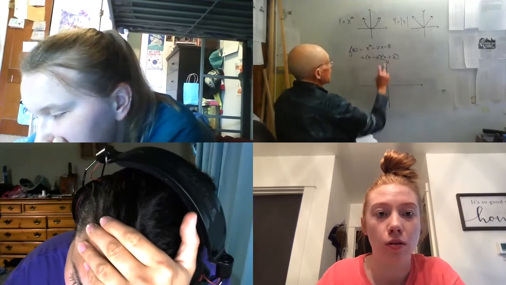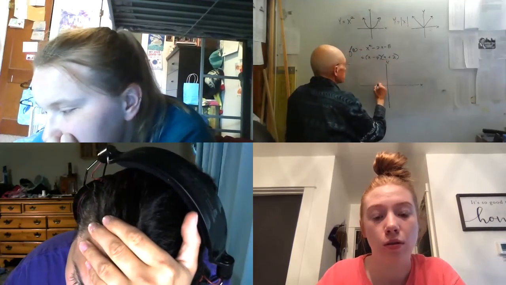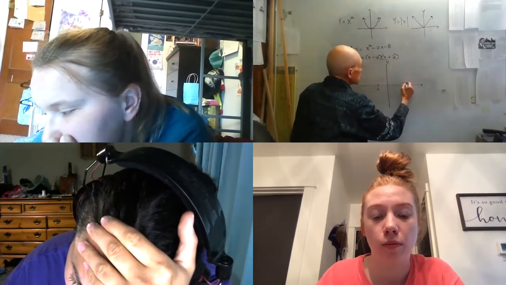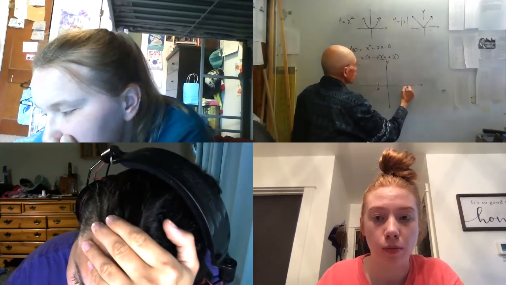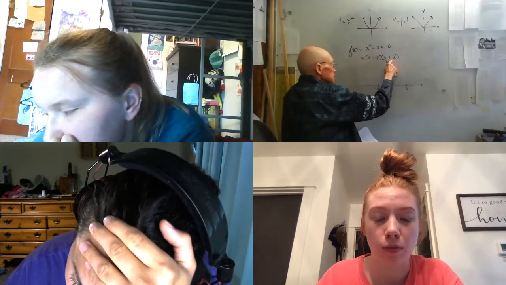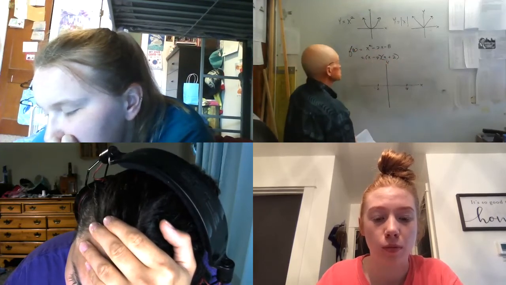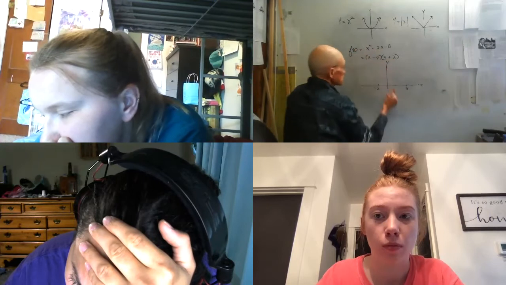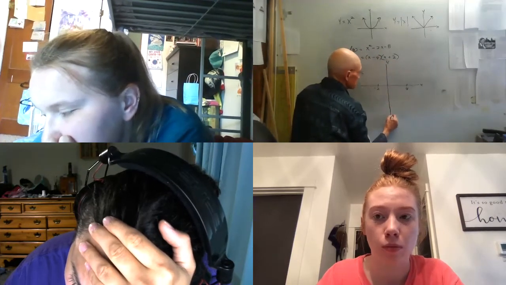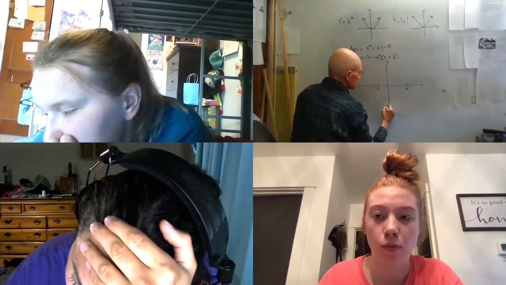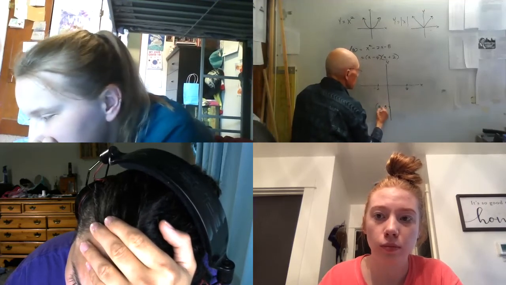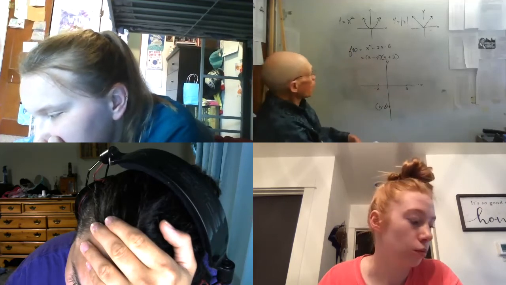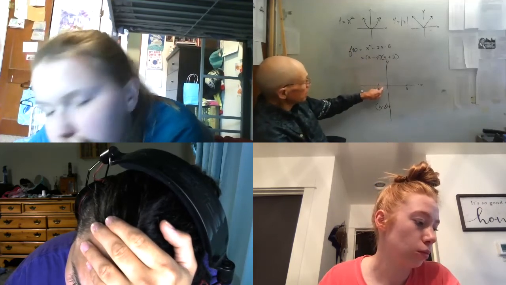And let's see, we have x-intercepts at -2 and another one at 4, because -2 will take that to 0, 4 will take this to 0. The y-intercept is -8. Well, what value is halfway between -2 and 4?